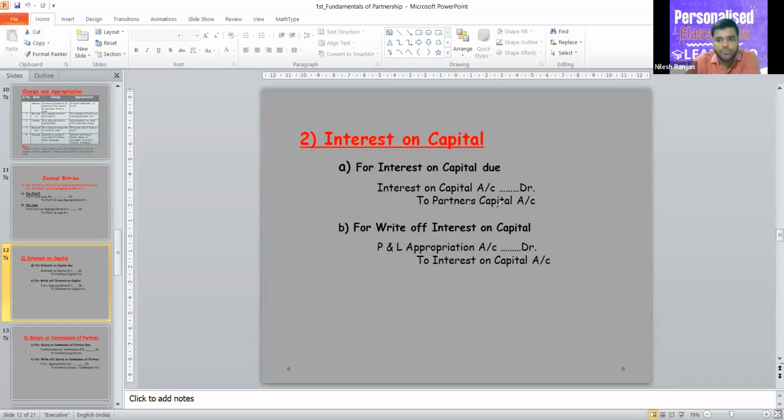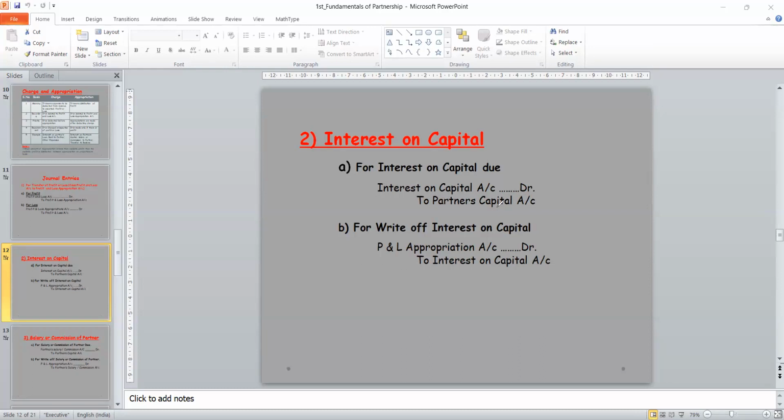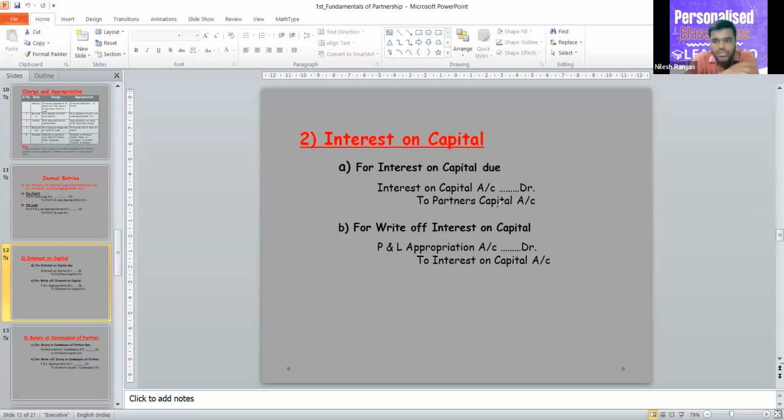Actually, we never pay to the partner in cash. Whatever the income or expenses, whatever our transaction is with partners, we generally credit or debit it in the partner's capital account, so their capital will increase or decrease. Interest on capital is an expense for the firm, but it is income for the partner.